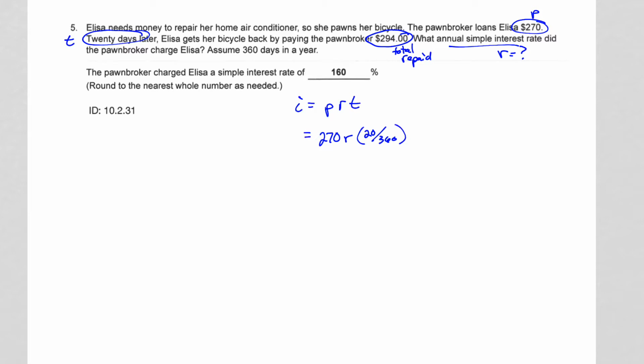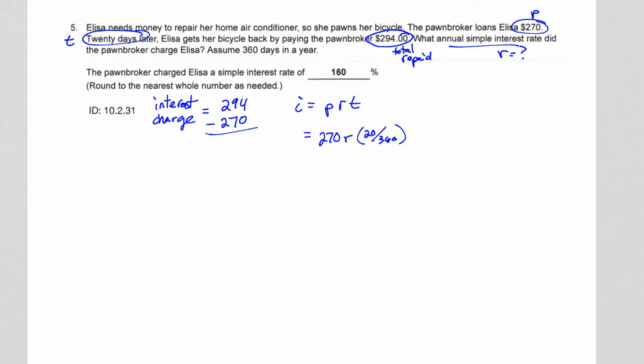But we need this I. And this I comes from the interest charge, which, as you can see, if she pays back $294, she borrowed $270. What's the difference between those two?